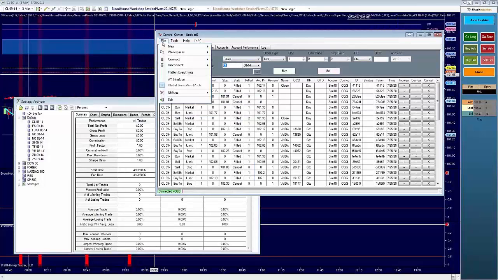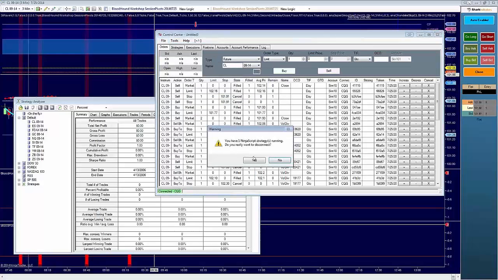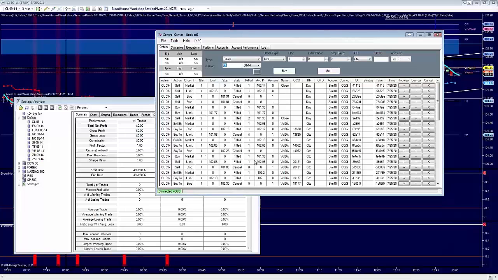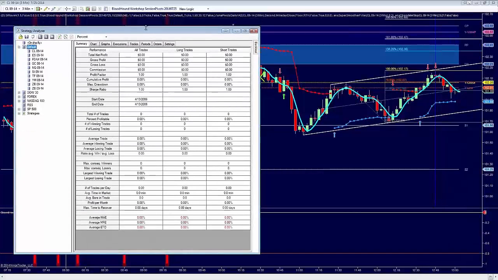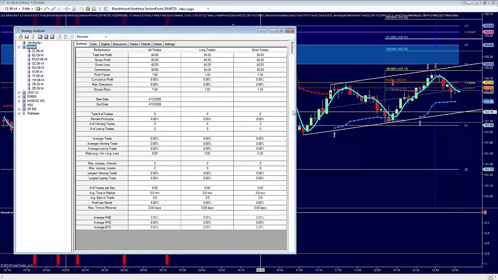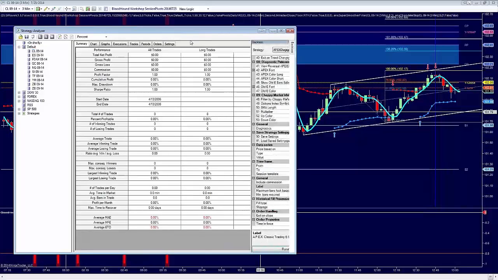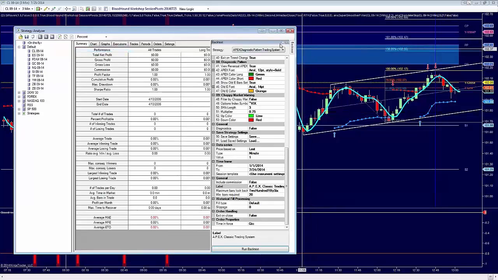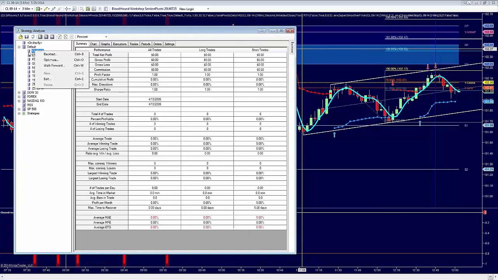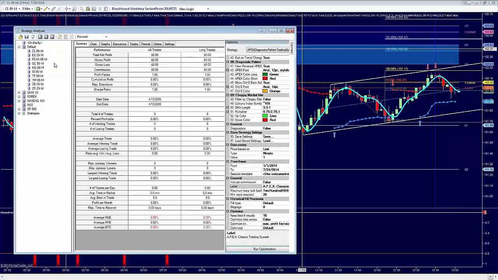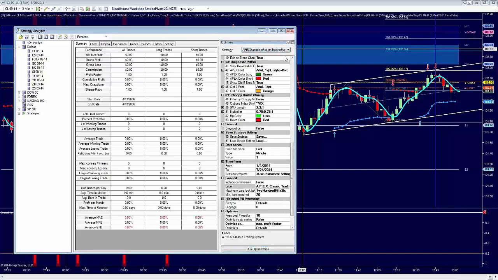So let's disconnect. Of course, it is strategy specific as well, or system specific rather. So we go to CL9, and then rather than backtest, I'm going to right click on the instrument, go to optimize, pin it.